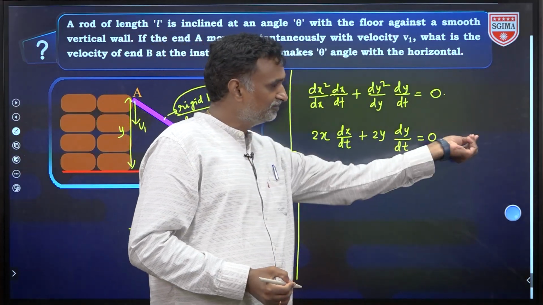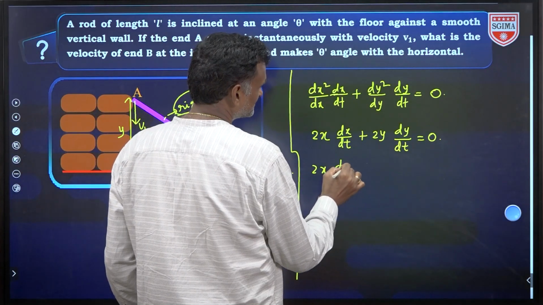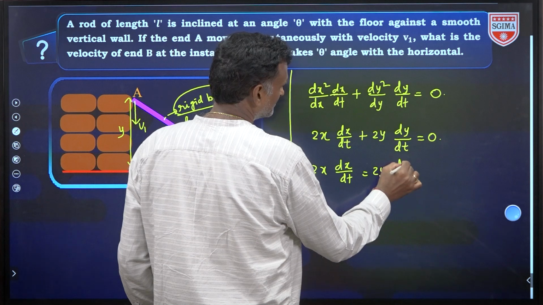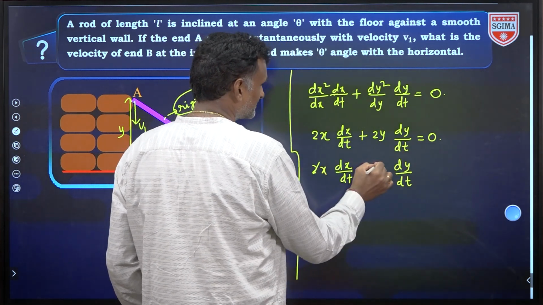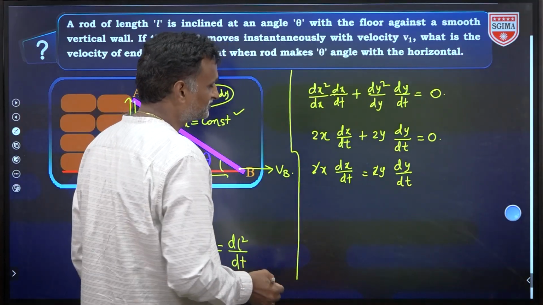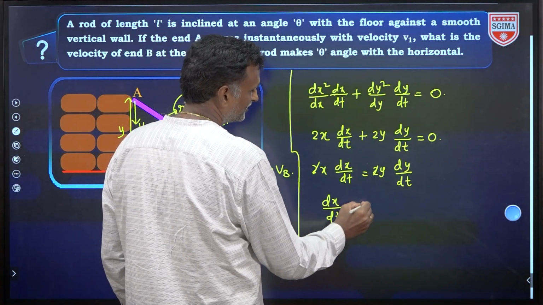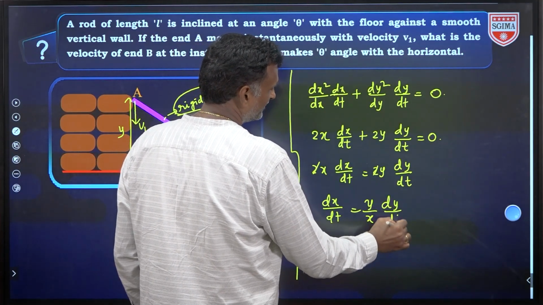Then shifting one term to the right side, we get 2x dx/dt equals minus 2y dy/dt. The 2 gets cancelled. Now dx/dt equals minus y upon x times dy/dt.